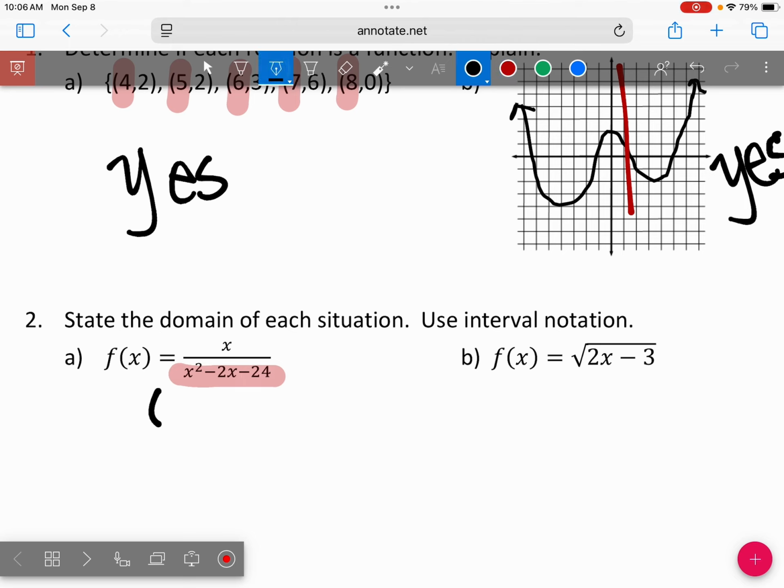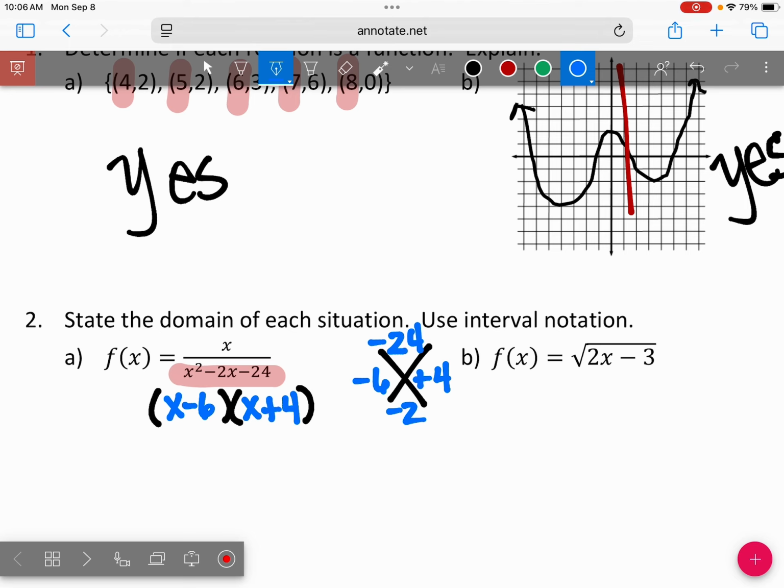You would need 2 numbers that multiply to give you negative 24 and add to a negative 2, which would be negative 6 and positive 4. So my factors would be X minus 6 and X plus 4.